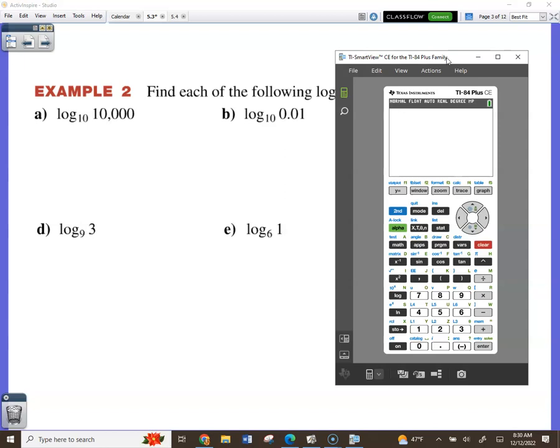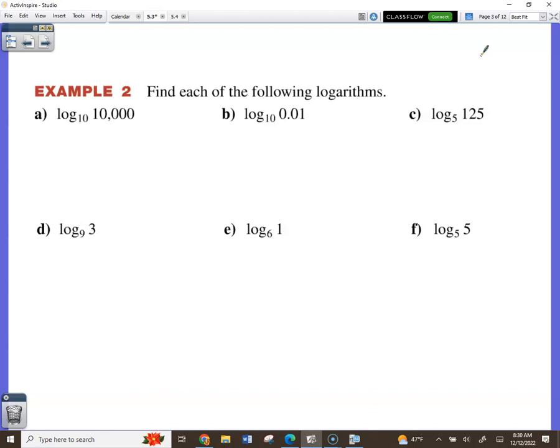So at the top of your paper, I want you to write two formulas with a big double-sided arrow in between. When you have a log, let's say log base A of X equals Y. Notice the base is subscript.